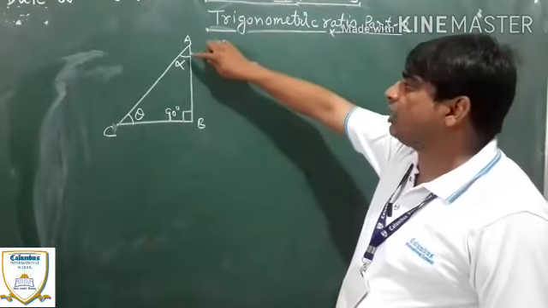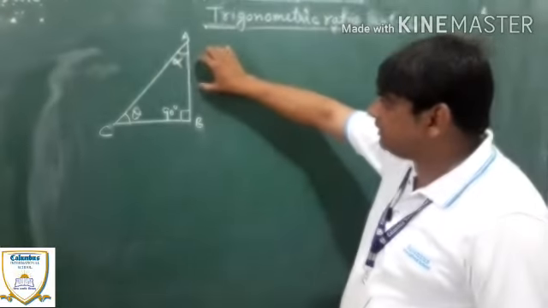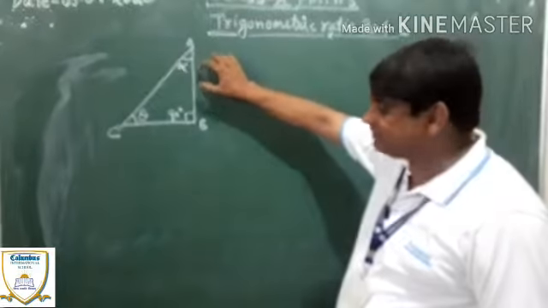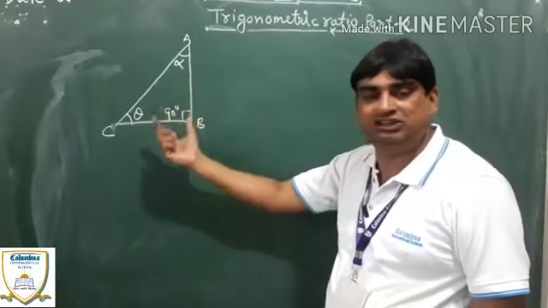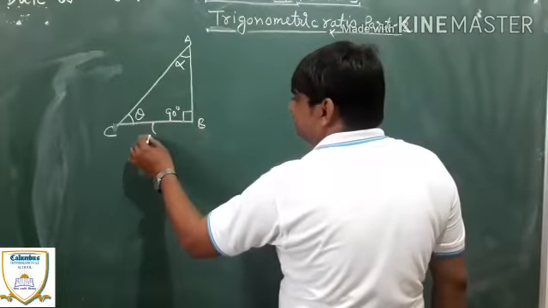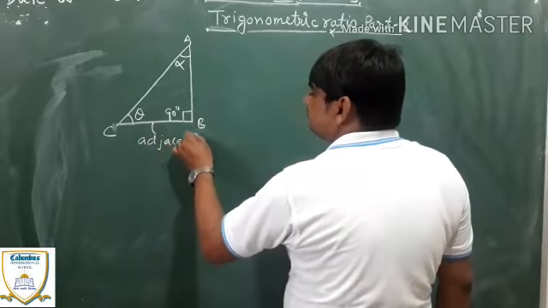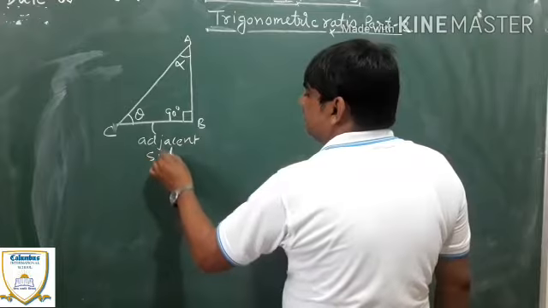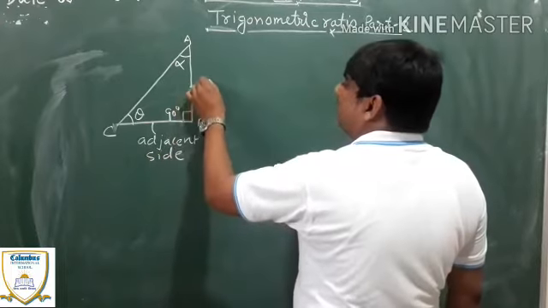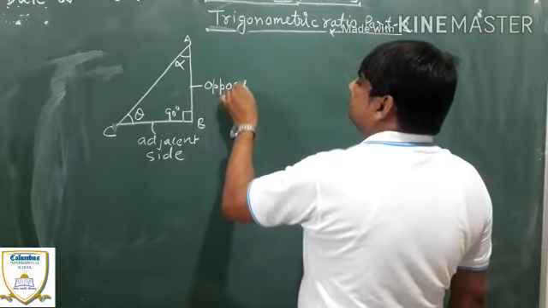Student, if you want to find the vertex angle, then perpendicular is changed into base and base is changed into perpendicular. This is the adjacent side and this is the opposite side.